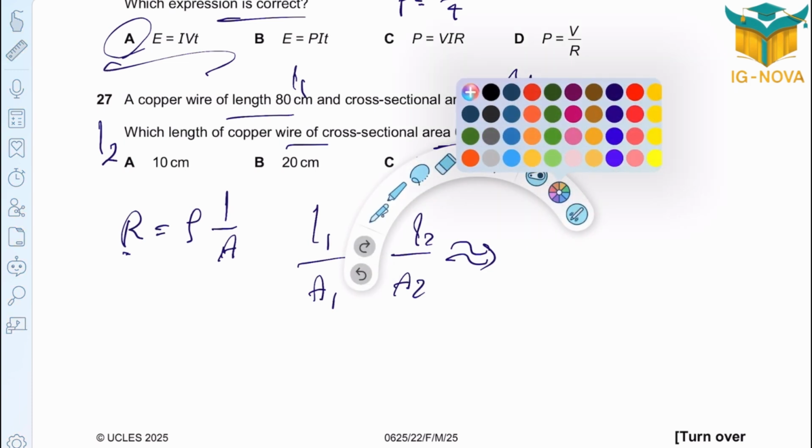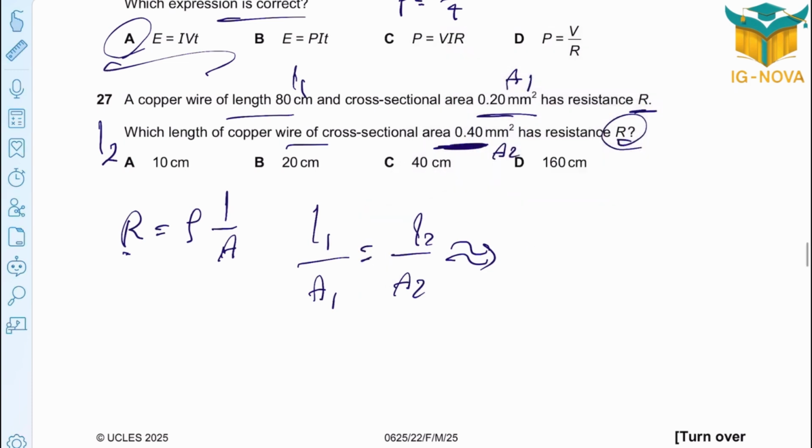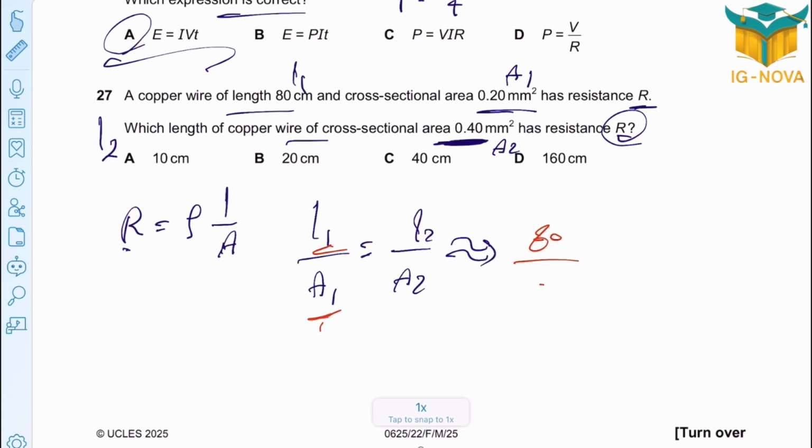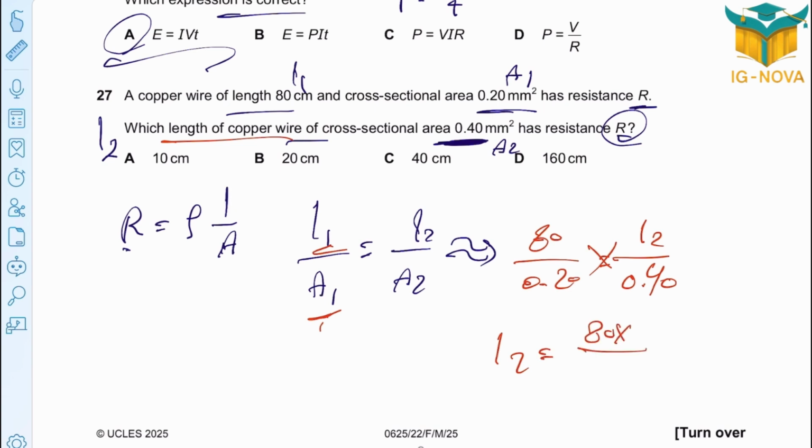Substituting numbers, L1 is 80, A1 is 0.20, equal to L2, which is what he asked about, over A2, which is 0.40. By cross multiplication, L2 will be 80 times 0.40 over 0.20.